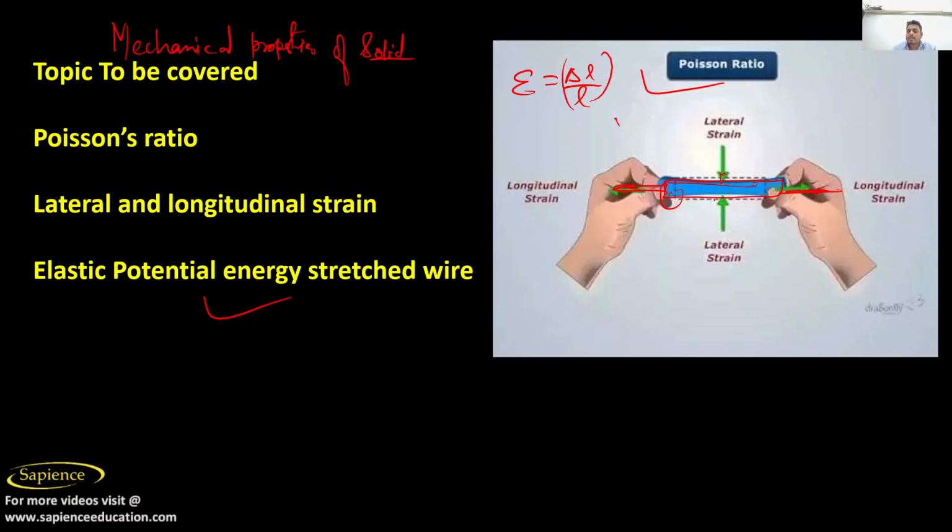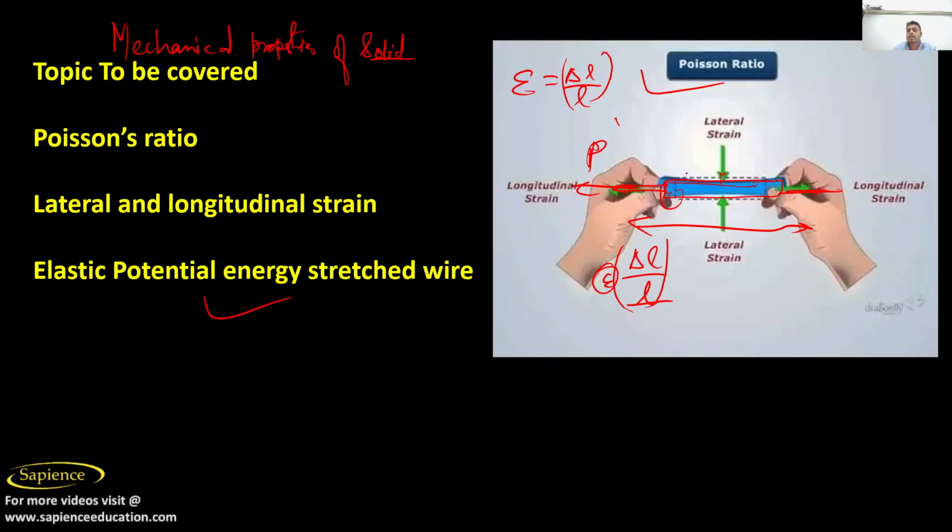In this direction there is an increase in length. Suppose the change in length is del L, and the original length was L. The strain produced in this direction is the longitudinal strain, because it is developed in the direction of the applied force.